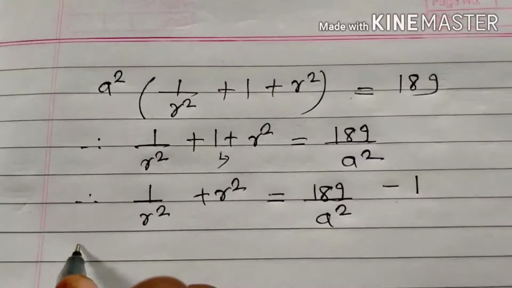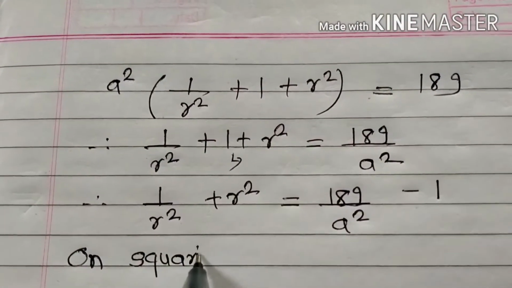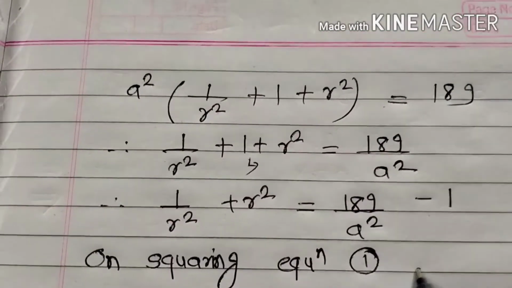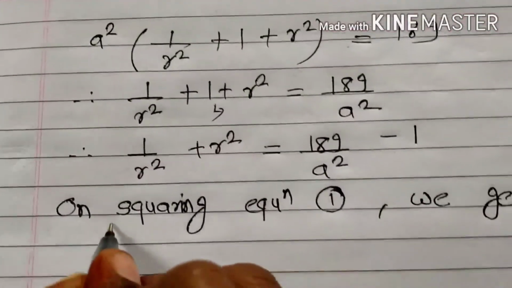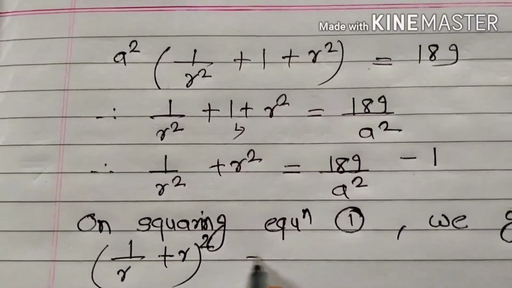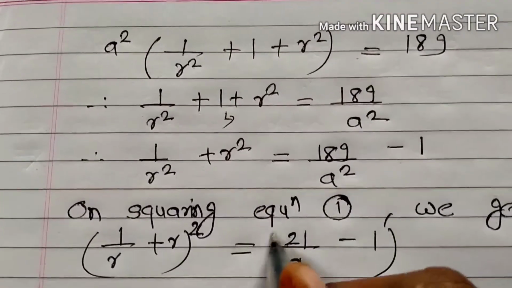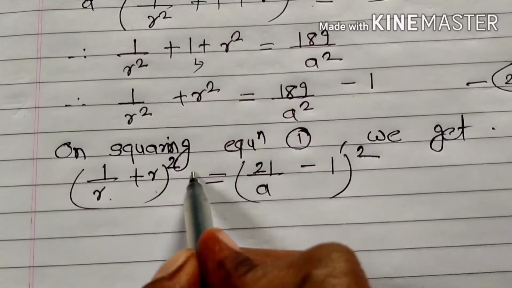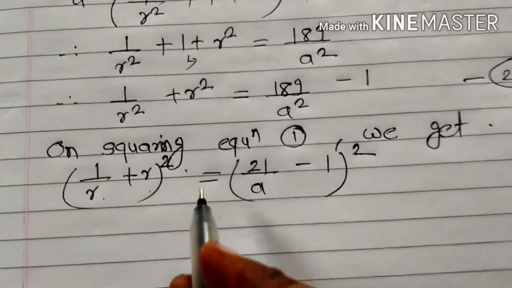Now squaring equation first, we get 1 upon r plus r whole square, which is equal to 21 upon a minus 1 whole square. Now this is (a plus b) whole square, and we know the formula a square plus 2ab plus b square.